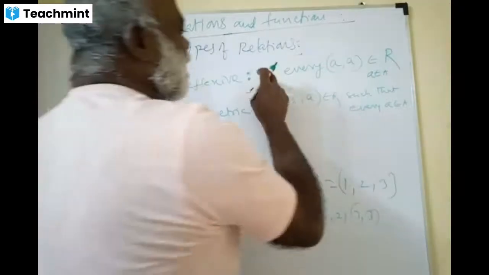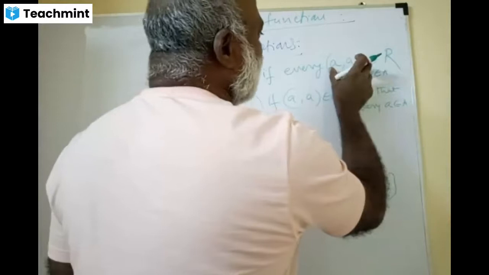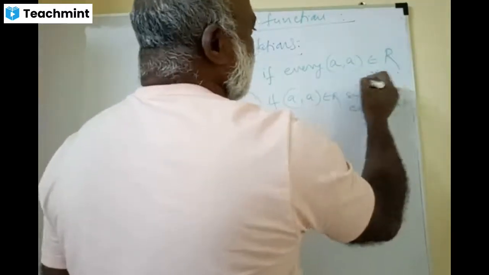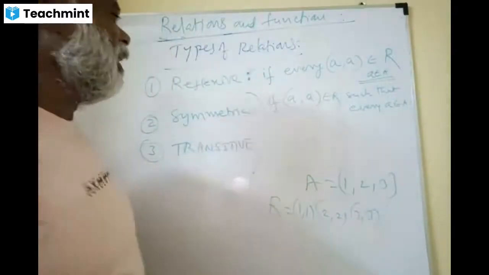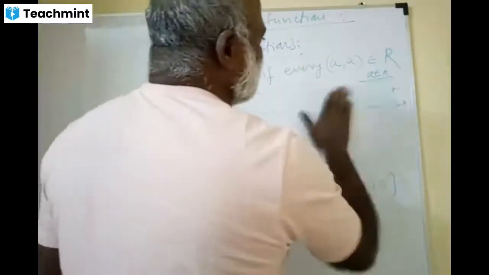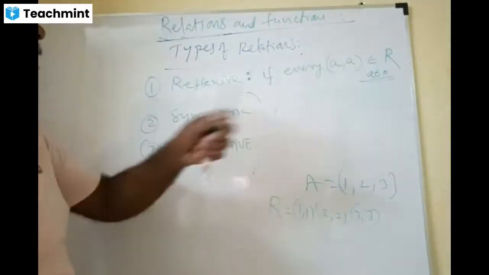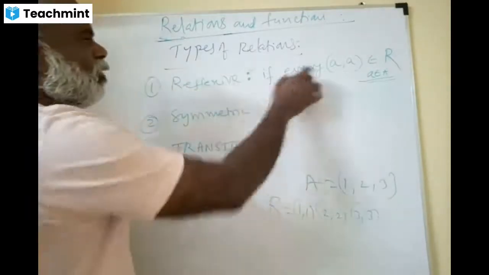But this sounds good: if every ordered pair (a, a) belongs to R such that a belongs to A. Fantastic. This sounds very good for me. Therefore, I am framing it like this. If you also like this, please go with it, or else you take the textbook one. Nothing wrong here.